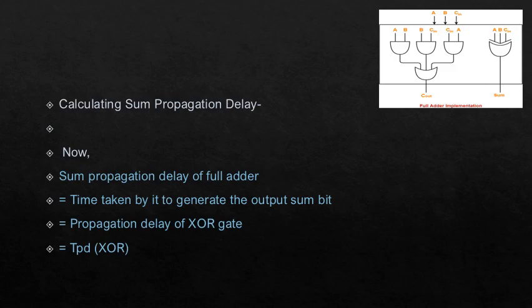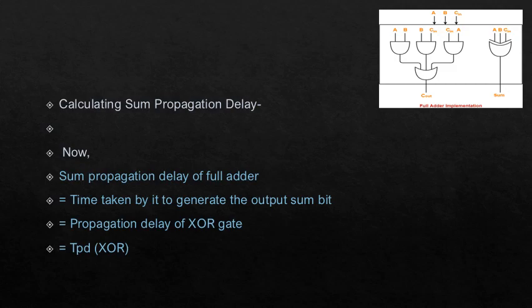Now calculating the sum propagation delay. We calculate the sum propagation delay of the full adder using its sum generator logic circuit. It has only one level, at which an XOR gate operates in the given implementation. The sum propagation delay of the full adder is the time taken to generate the output sum bit, that is TPD XOR.